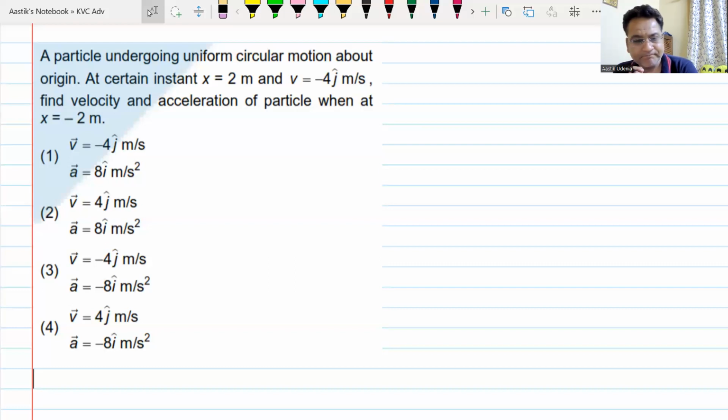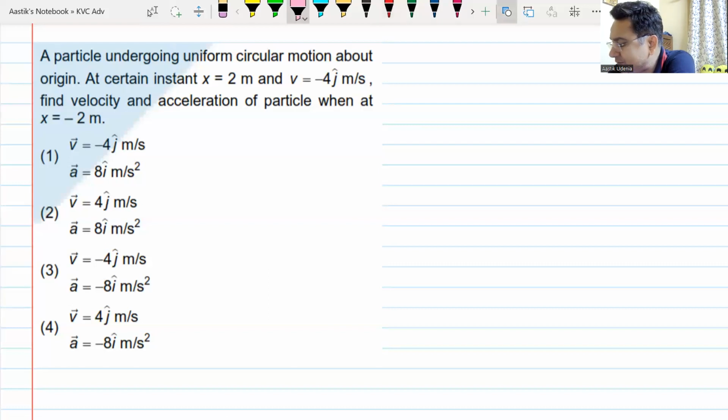So acceleration is V square by R, which is 16 by 2, which is 8.